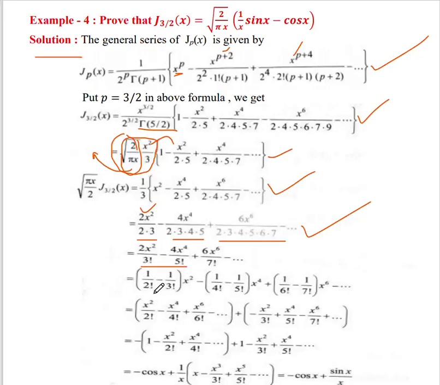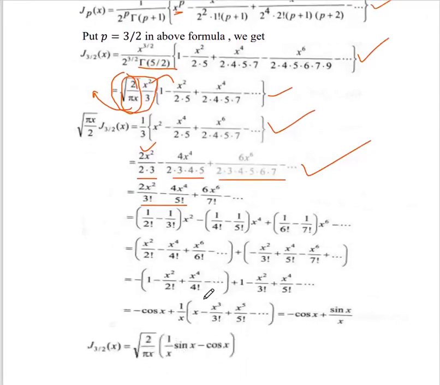So this will be remaining, that is 1 upon 2 factorial minus 1 upon 3 factorial, x square. We will take x to the power 4. We will get 1 upon 4 factorial minus 1 upon 5 factorial. Similarly 1 upon 6 factorial minus 1 upon 7 factorial, x to the power 6. Okay. So in this way we can take the common terms.